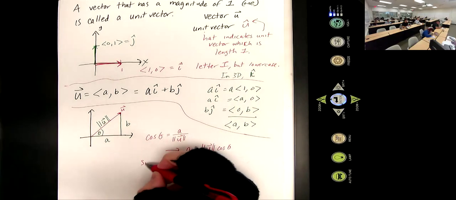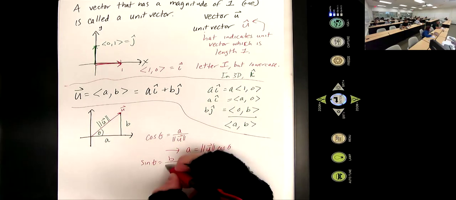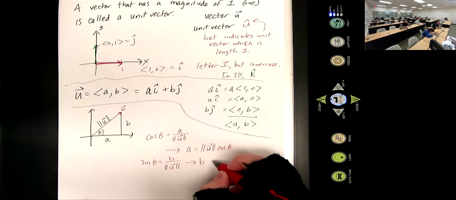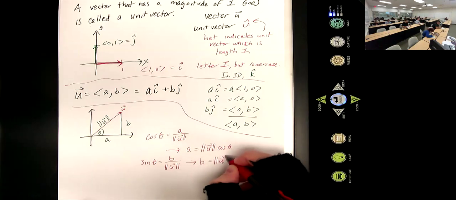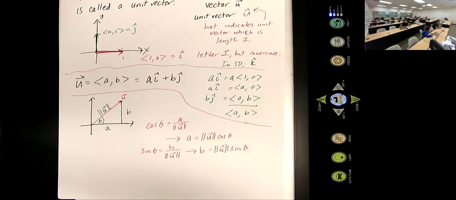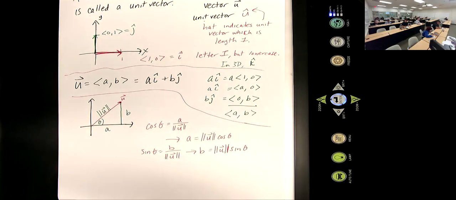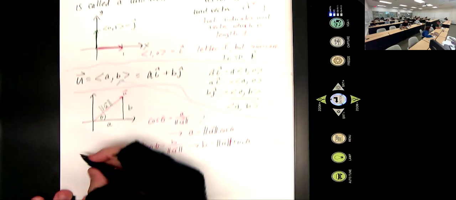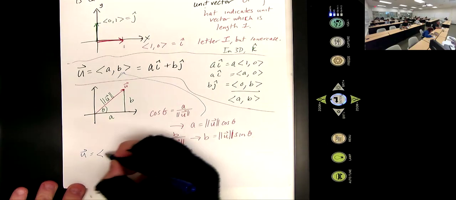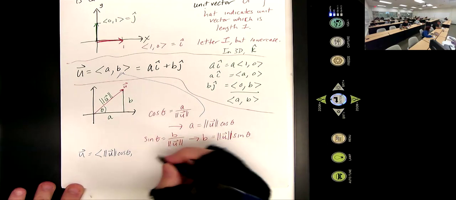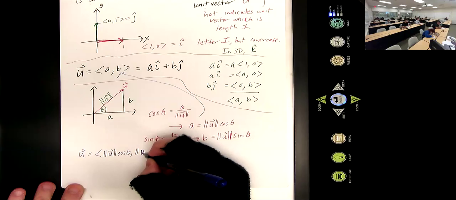And sine theta is b over the magnitude of u. If we clear fractions, we get b equals the magnitude of u times sine theta. That's the same ⟨a, b⟩ that we have up there. So I can write u as ⟨magnitude of u cosine theta, magnitude of u sine theta⟩.